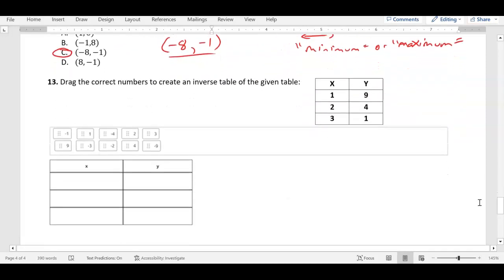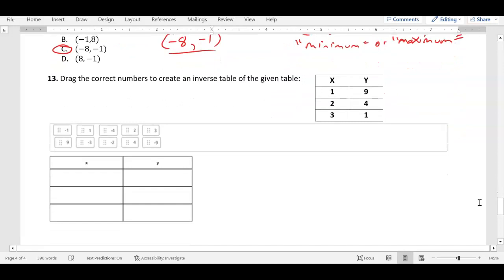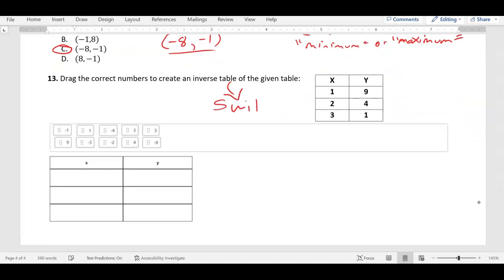All right, and then drag to create an inverse table. Inverse table, remember, you just switch x and y. So when you do the test, you actually have to drag stuff. I would drag the 9 here, drag the 4 here, and drag the 1 here, then drag the 1 here.